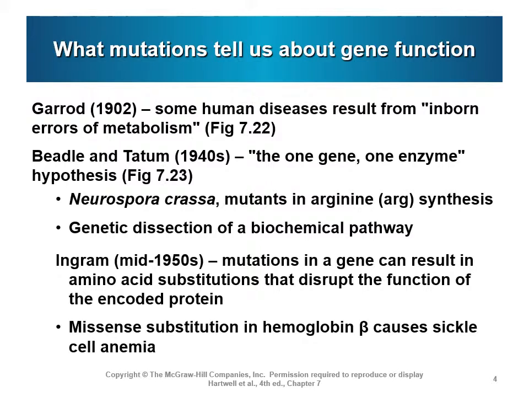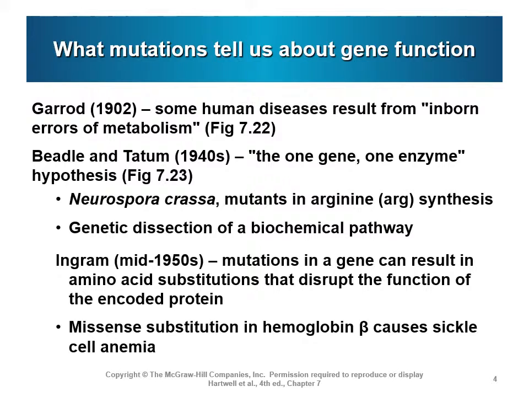In some cases, mutations in a gene can result in amino acid substitutions that disrupt the function of the encoded protein. Sickle cell anemia is caused by such a disruption.